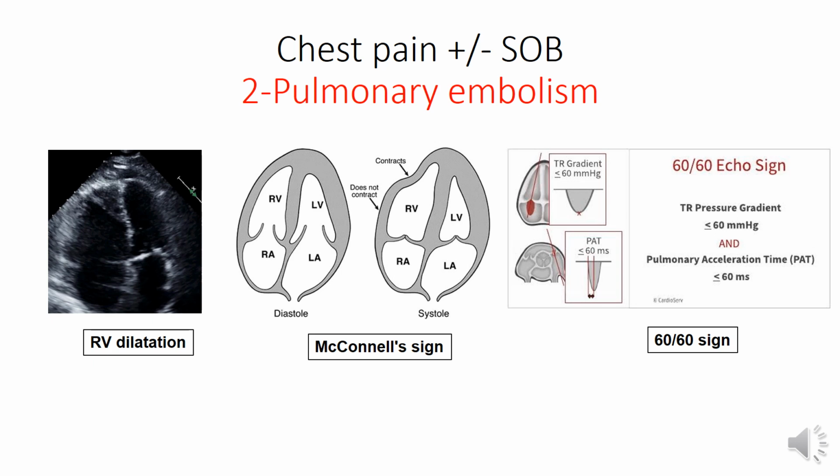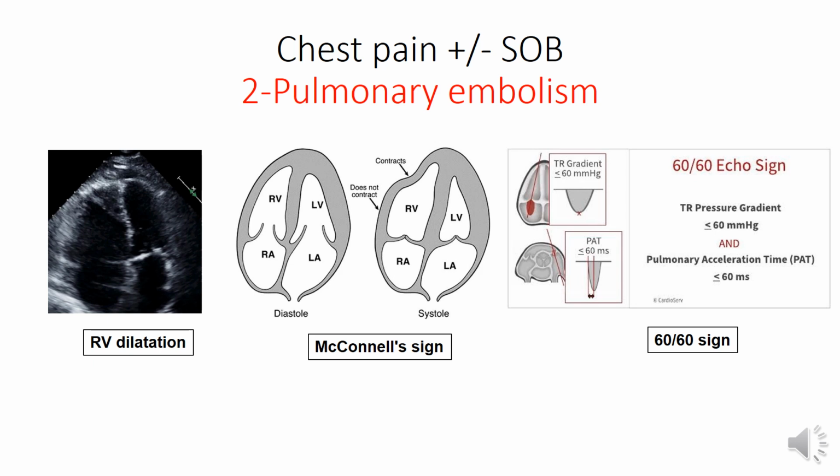This will lead to low perfusion of the lung. As a compensatory mechanism, the RV tries to create more pressure to overcome this obstruction. But as we said, this happens suddenly, so the RV can create pressure but not so high.